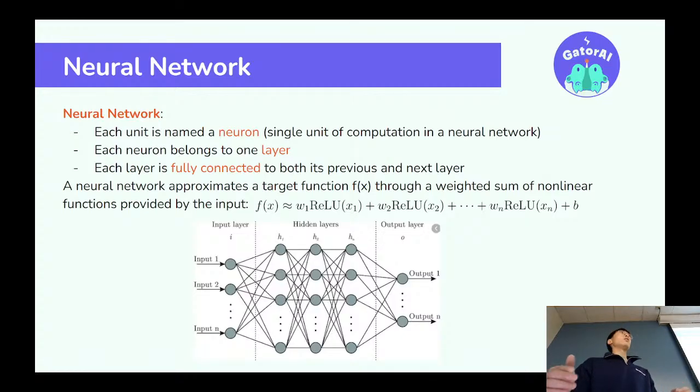Essentially the intuition behind a neural network is that it approximates a target function, f of x, where remember, f of x is the model that we're trying to create. So it's trying to approximate a target function, f of x, through a weighted sum of non-linear functions provided by the input.